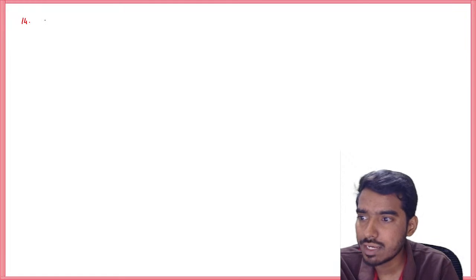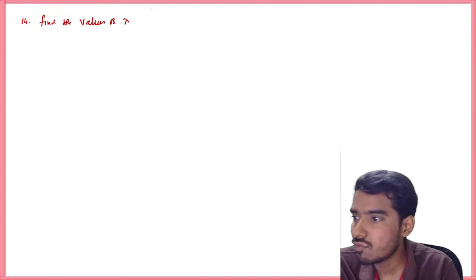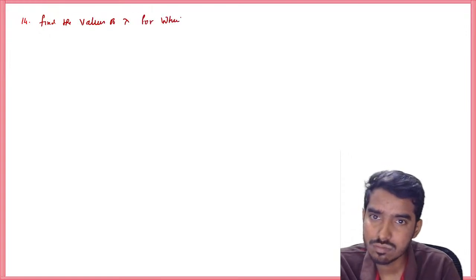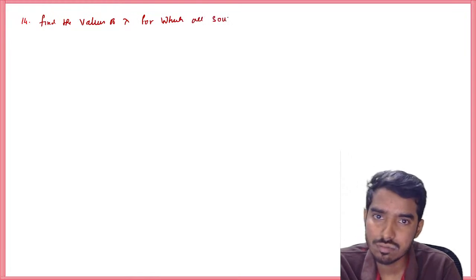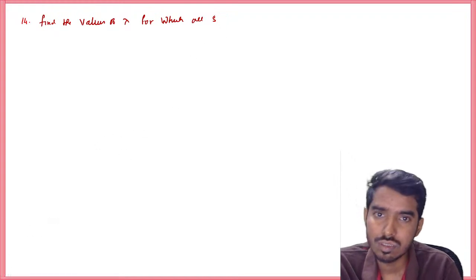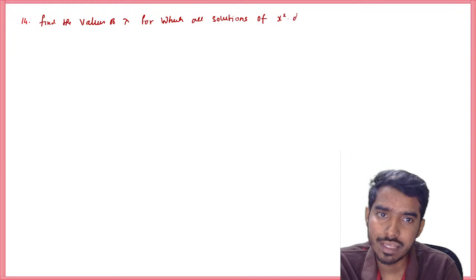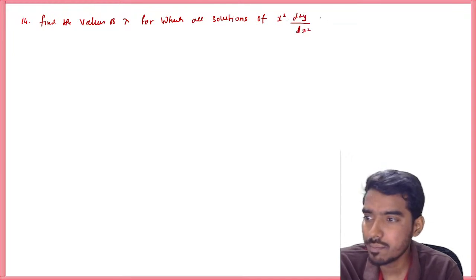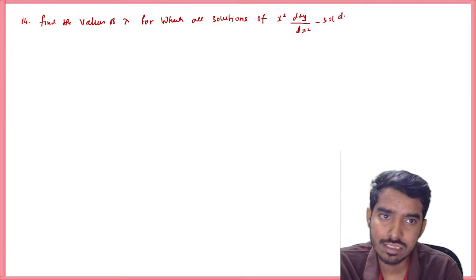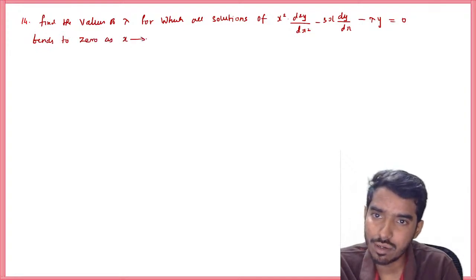Find the values of lambda for which all solutions of x square d square y by dx square minus 3x dy by dx minus lambda y is equal to 0 tend to 0 as x tends to infinity, right?